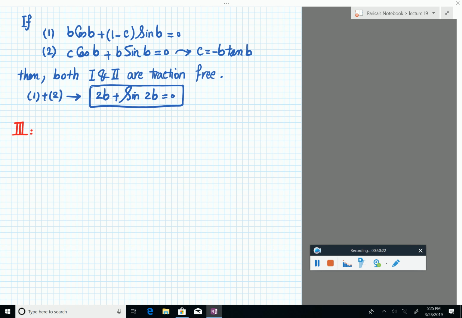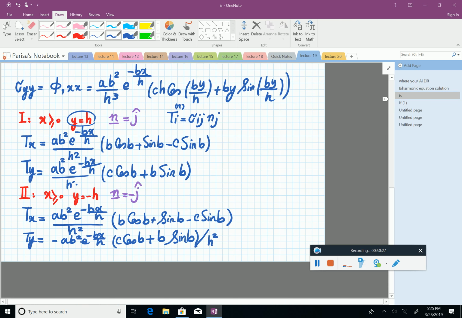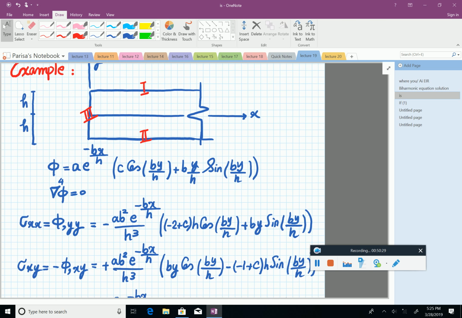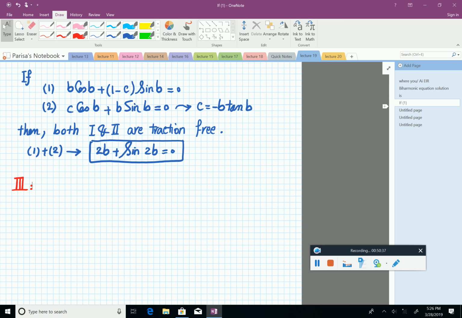What is the way we define the problem? This is x equal to 0, y between h and negative h.